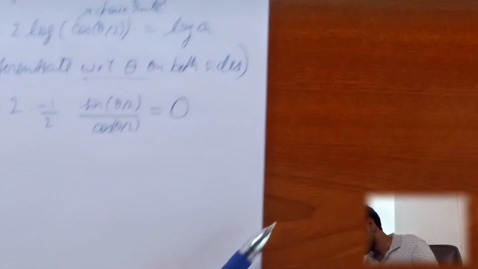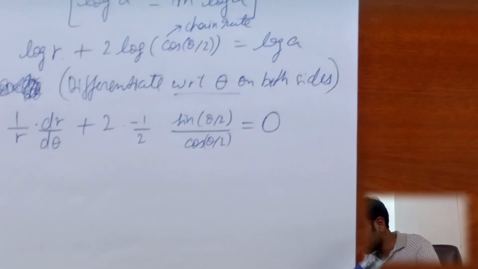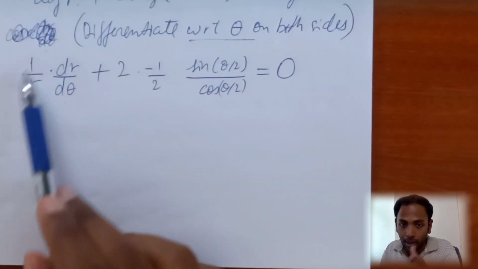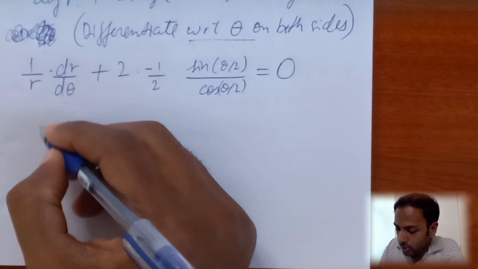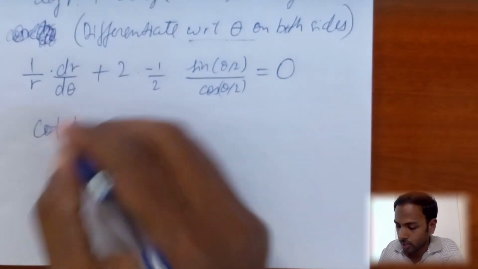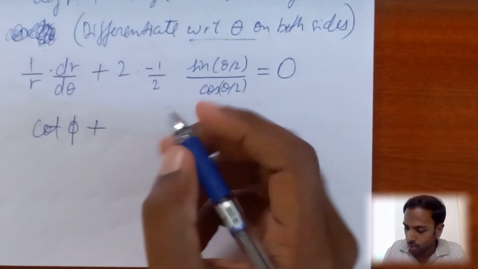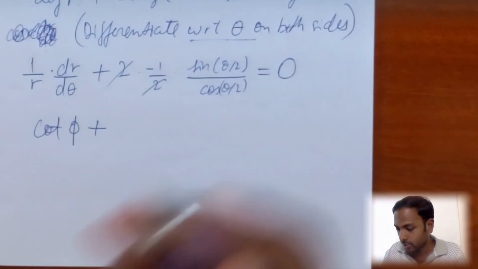Yes. So after differentiating, always look at the term that has r in it, like 1 by r into dr by d theta, and you have to change that into cot phi. The formula is given, I just now showed you, right? So I just applied this here. And then this 2 and this 2 will cancel.